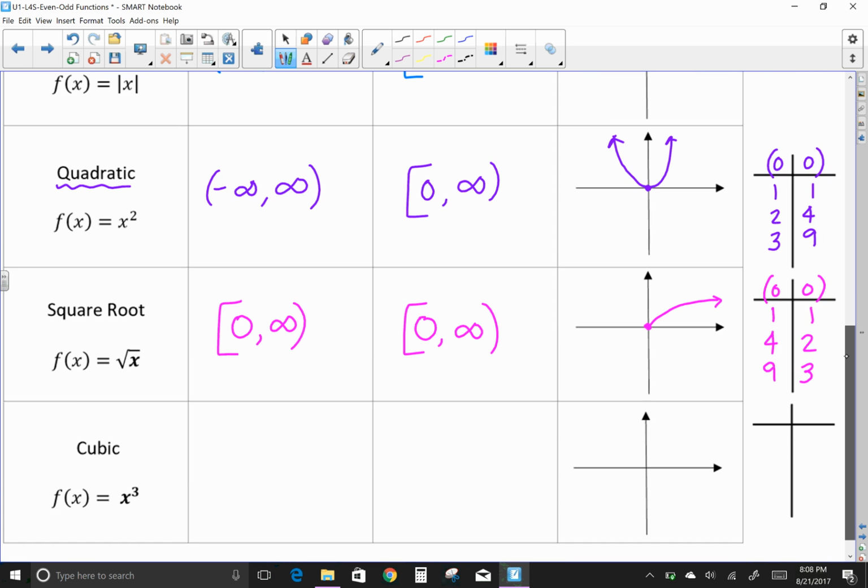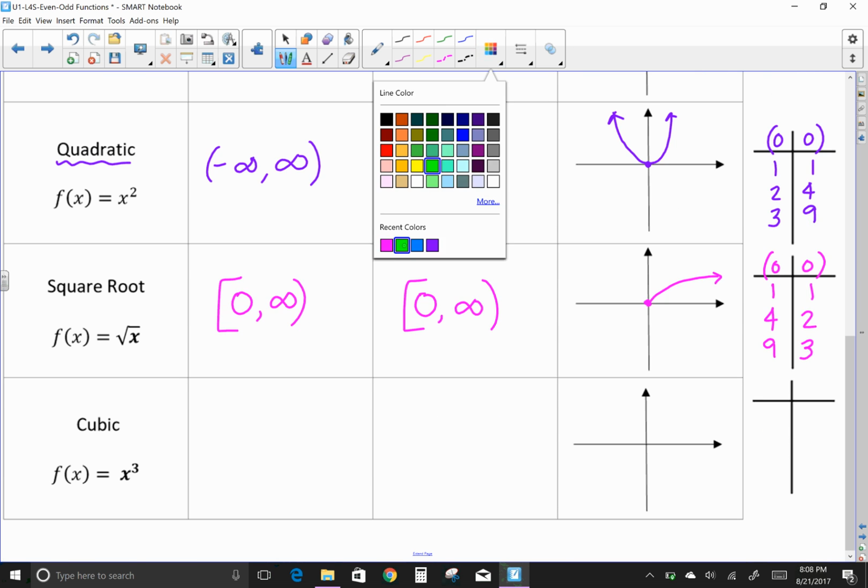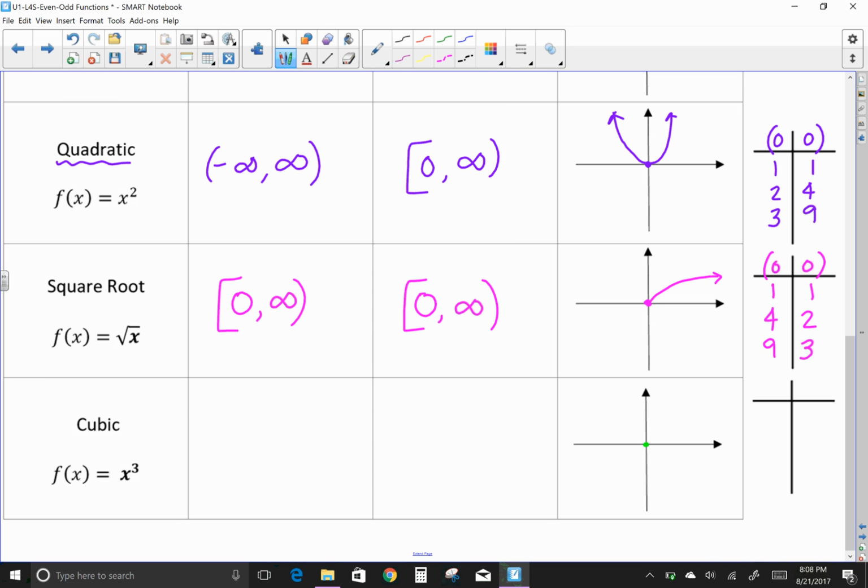Okay? And the last one that we have on this page is our cubic graph. And again, it has that (0, 0) point. So it's kind of a key point on each of these parent functions. And what did this graph look like? Remember, it's a curve, so do your best to make it look like a curve. You have (0, 0). My key points, negative 1, 1, and 2.